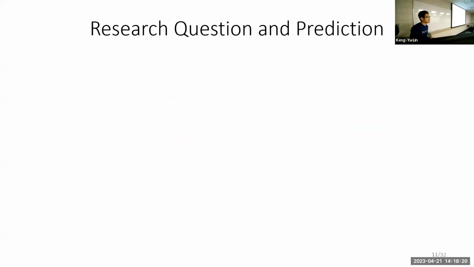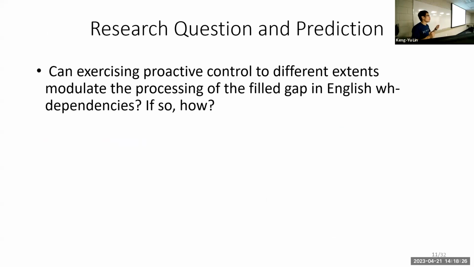So here comes the research question and our prediction. Just now we mentioned that proactive control and the processing of English WH dependencies have some overlapping underlying mechanisms. So our research question is, can exercising proactive control to different extents modulate the processing of the filled gap in English WH dependencies? If so, how? Since they have overlapping underlying mechanisms, we think that when people are biased to exercise proactive control to different extents, these differences might spill over to sentence processing.